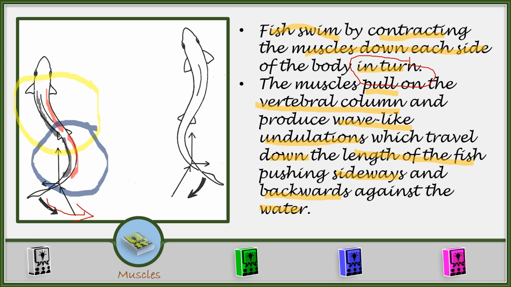And then this one here is moving the tail in that direction, sideways and backwards against the water. It is pushing against the water. So the body of the fish is moving in this direction, but the water is moving in the opposite direction. So it is providing a push against the water.